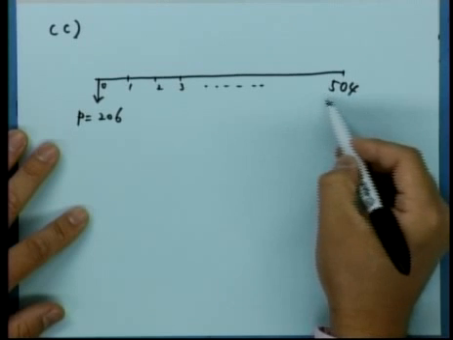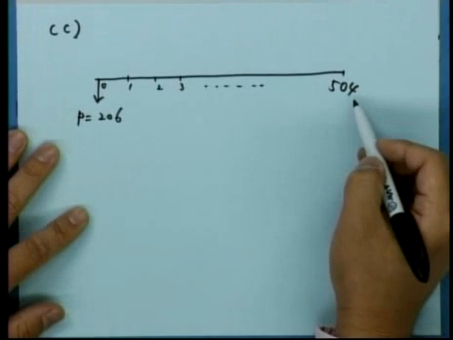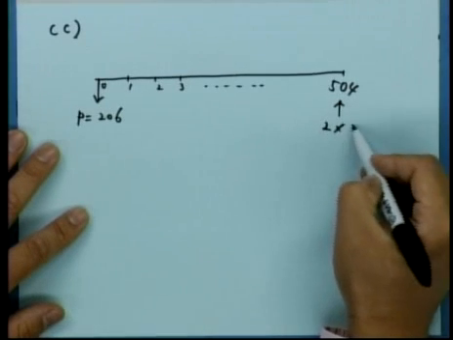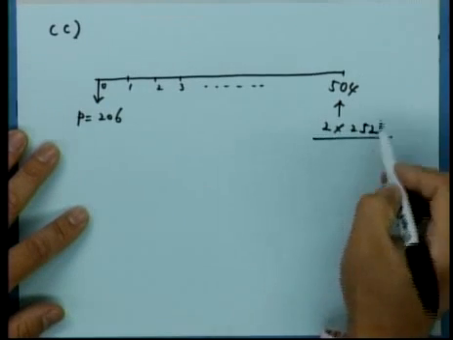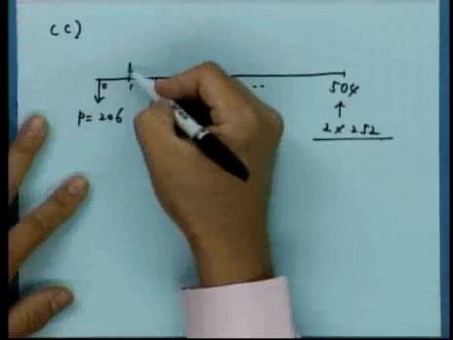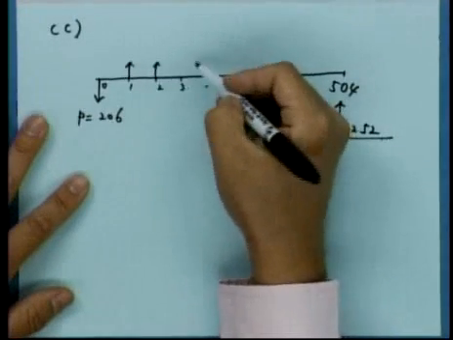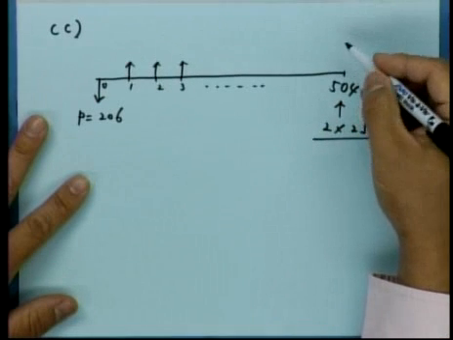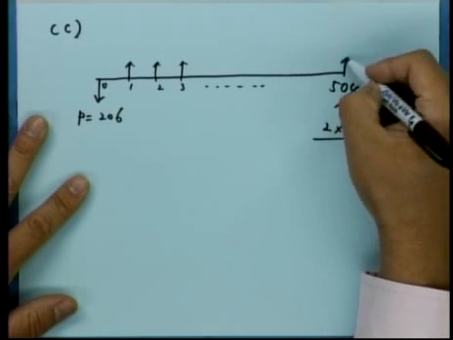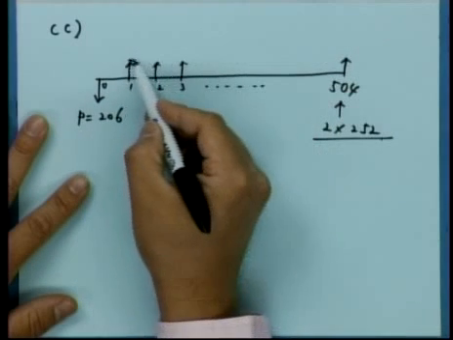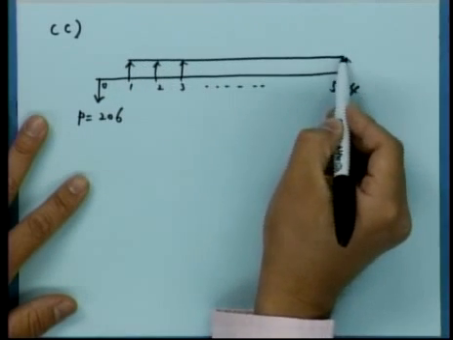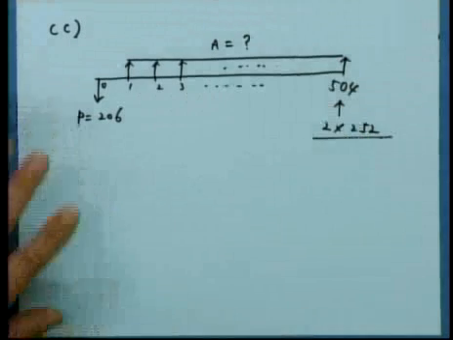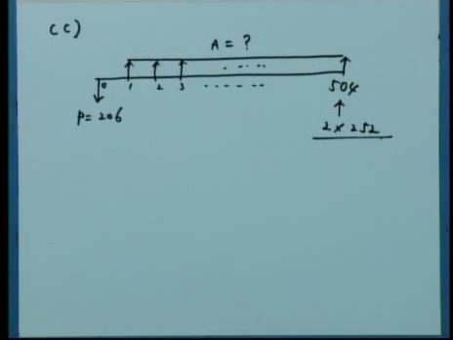Because 2 times 252 becomes 504. And we want to know the uniform series amount, which is A, right?